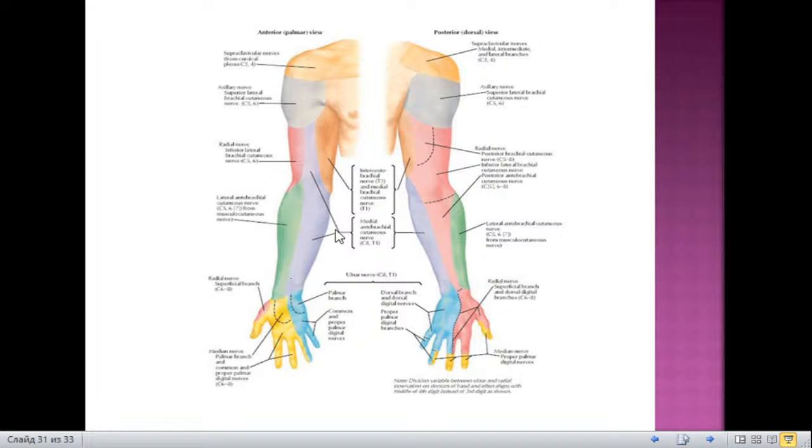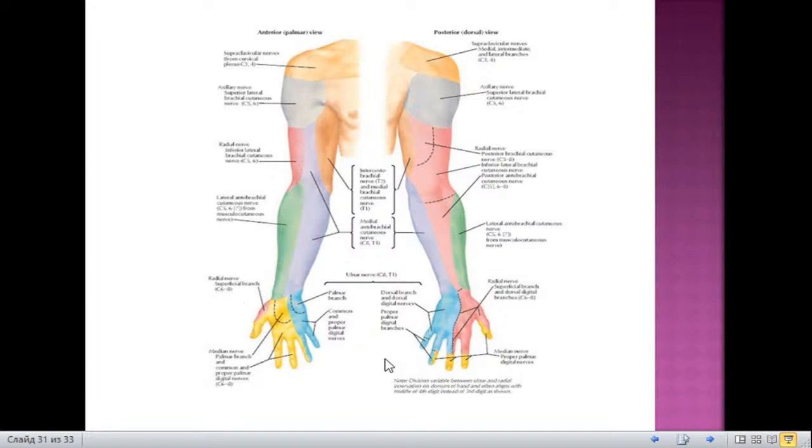After that, the medial cutaneous nerve of the forearm from the medial cord of the brachial plexus, and the posterior side of skin is supplied by the posterior cutaneous nerve of the forearm, which is a branch of the radial nerve from the posterior cord.